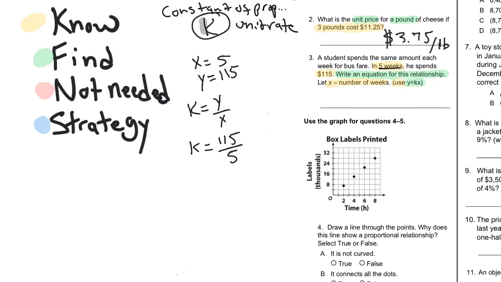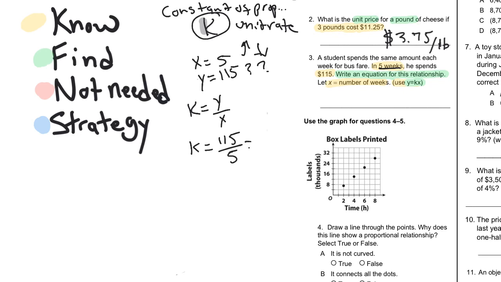They're just wanting to know, how much does y change whenever x changes? Okay, because there's a relationship between the two. So when x goes up, something's going to happen to y. What is that? When x goes down, what's going to happen to y?